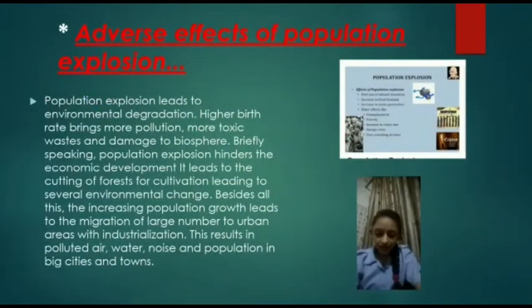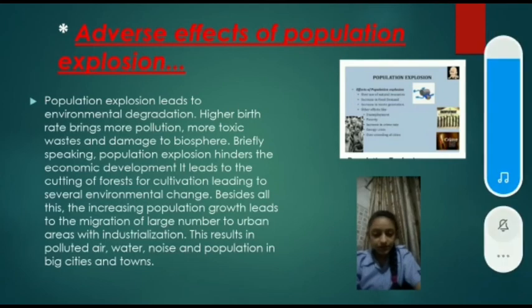Adverse effects of population explosion. Population explosion leads to environmental degradation. High birth rate brings more population, more toxic wastes, and damage to the biosphere. Briefly speaking, population explosion hinders economic development.